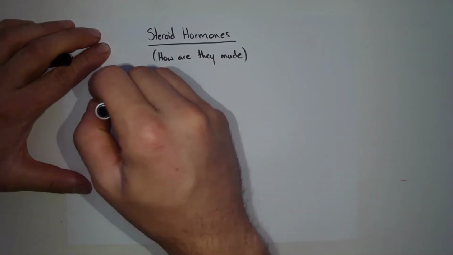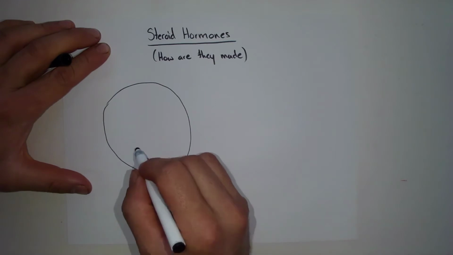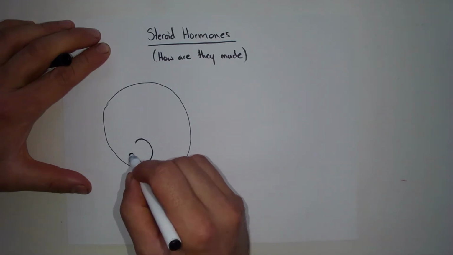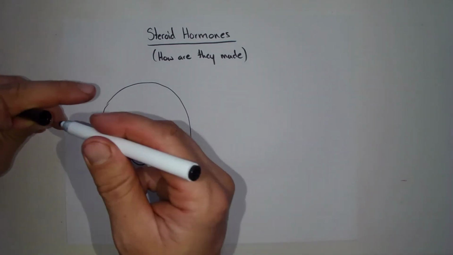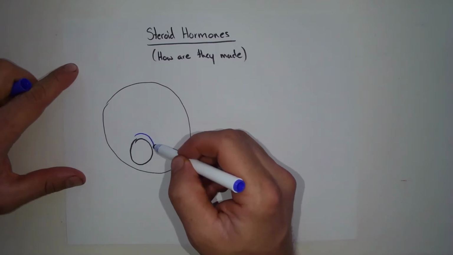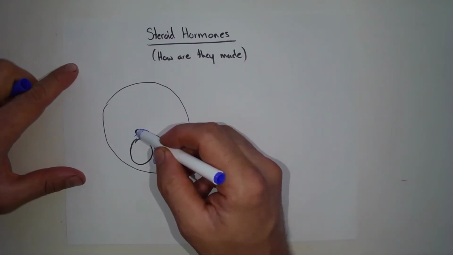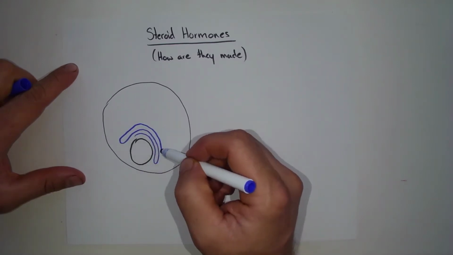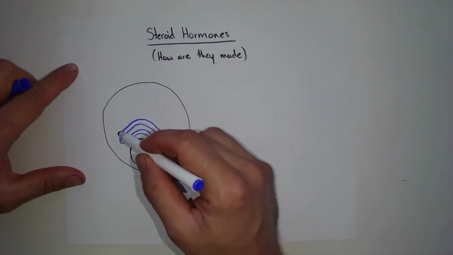We have our cell, and within that cell is smooth endoplasmic reticulum, smooth ER. Smooth ER winds extensively throughout the cell.